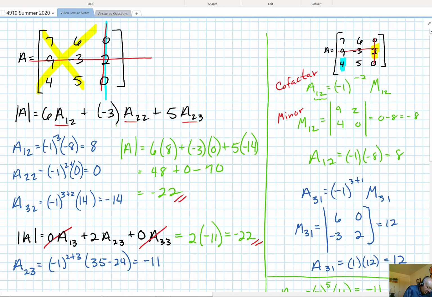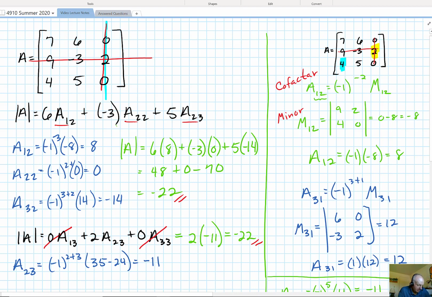If it's a 4 by 4 matrix, then you're going to cross out a row or column, and you're left with a 3 by 3 matrix that you have to find the determinant of, a 3 by 3 minor. So think about that for a second. How do you find the determinant of a 3 by 3? You end up finding the 3 minors, the cofactors, the determinants of 3 2 by 2s.